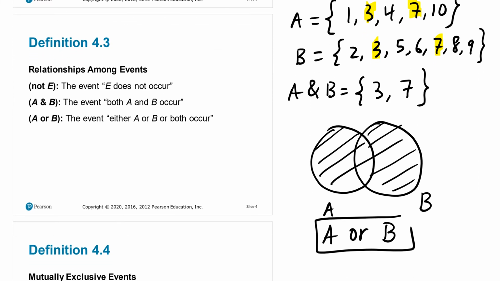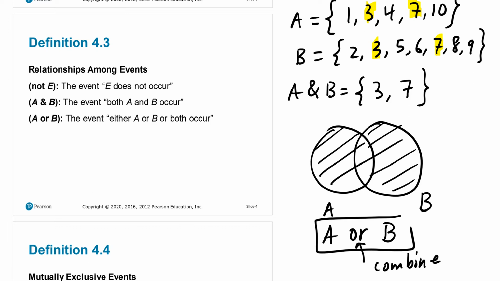Or means combining, when you combine everything. Again, A and B is when both A and B occur at the same time, when they overlap or share something in common.